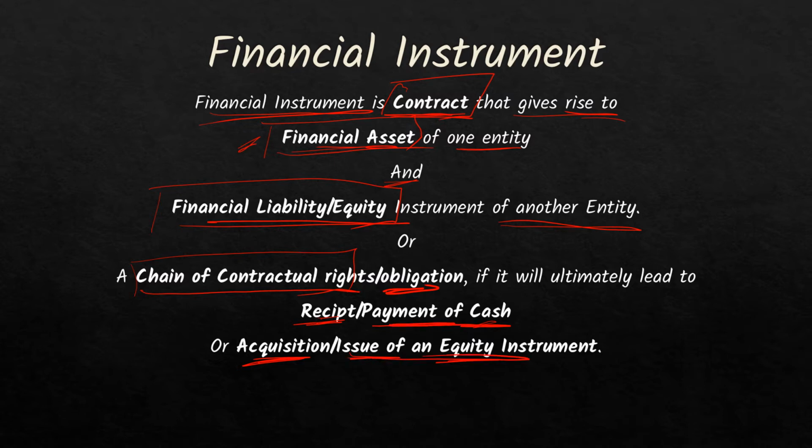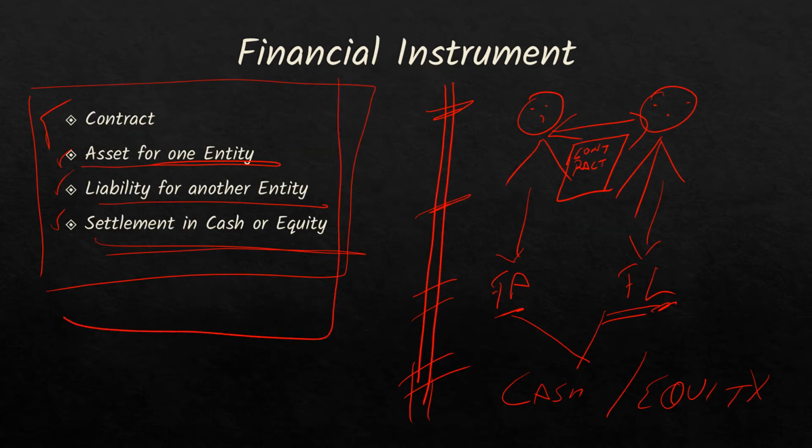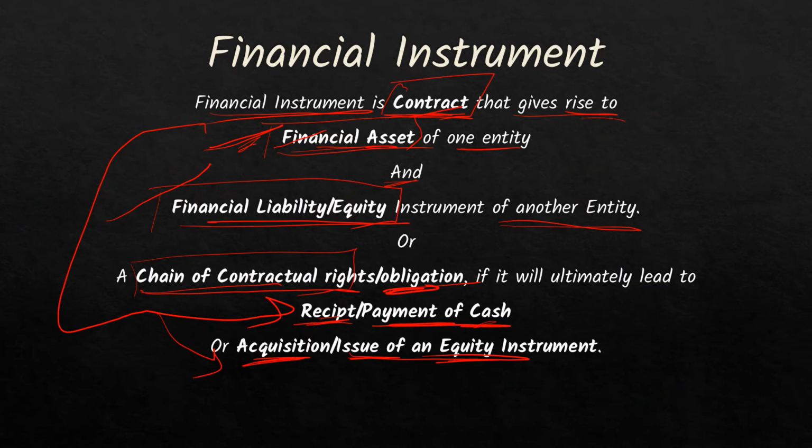So again, a contract that gives rise to a financial asset or financial liability which is settled through payment of cash or equity, or a right or obligation which results in payment of cash or equity. These are the conditions that make any transaction fall under the purview of financial instrument.